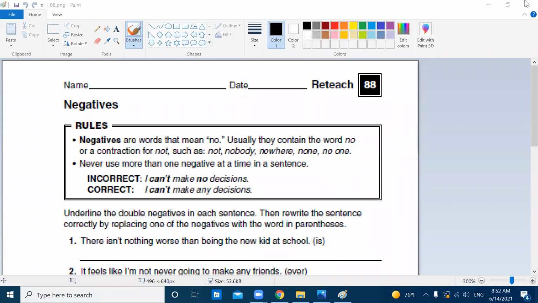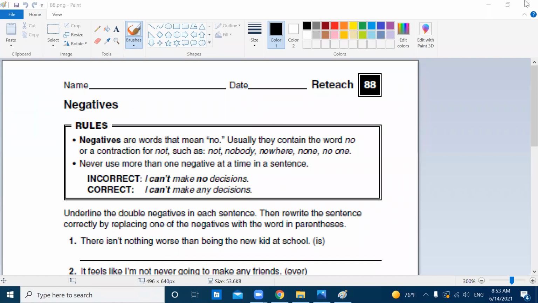So negatives are words that mean no. And they usually have the word no in the sentence or the contraction for the word not. We cannot use two negatives in one sentence. So if a sentence has two negatives, then we have to change it so that it only has one negative. The first sentence says, I can't make no decisions. Can't and no are both negatives.